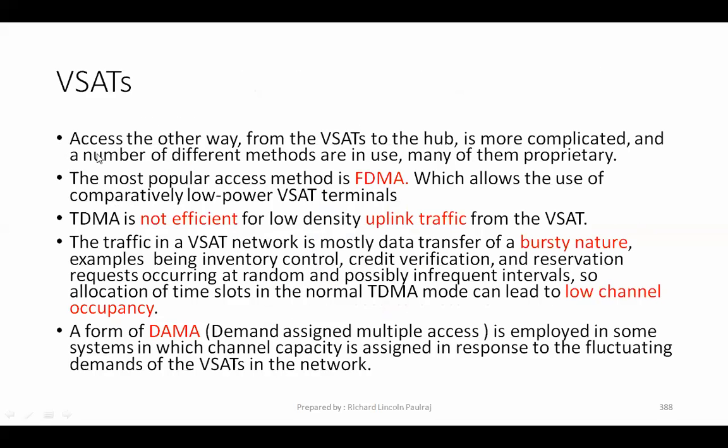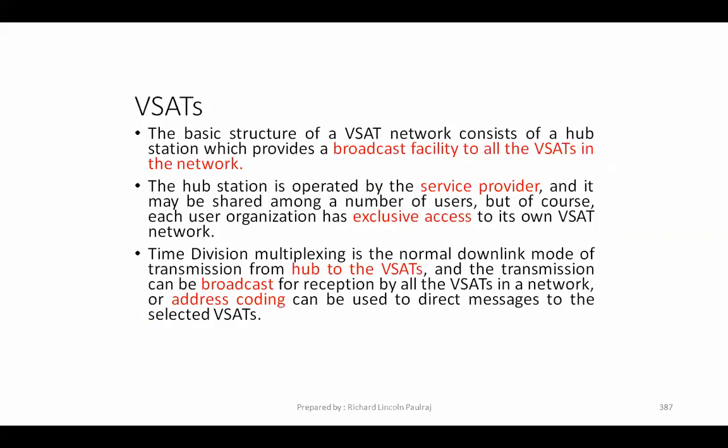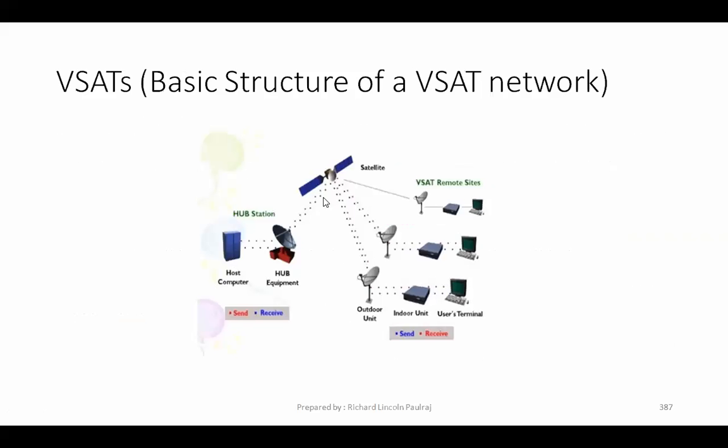Access the other way, from VSATs to hub, is more complicated. If you want to access information from the VSAT to the hub, which is the reverse process, it is a little complex process, but sending and receiving information from the satellite is easy.